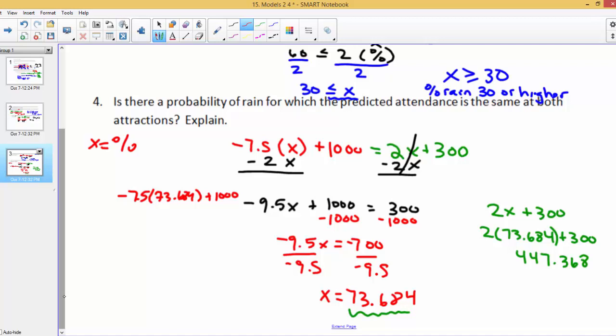So 7.5 times 73.684 gives you 552.63, negative, plus 1,000 is 447.37.